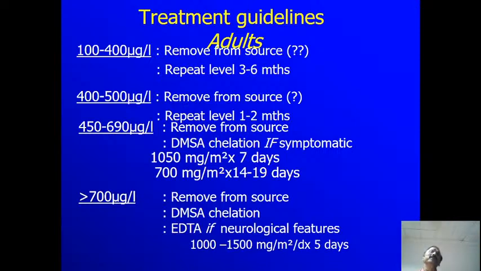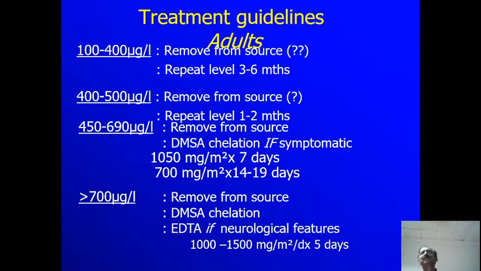Now, why I put this question mark on remove from the source is that many a time one really doesn't come to know where the source is. It's okay in an occupational setting, where you can know the source is from that particular setting. But in a home environment, you often don't know the source of this lead poisoning.